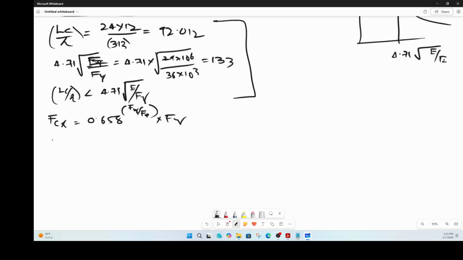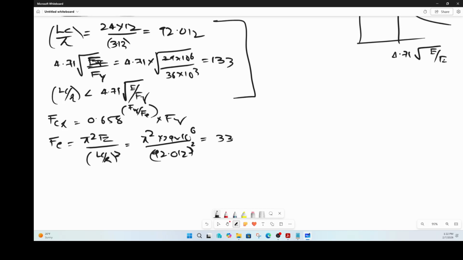We know Fe is nothing but pi square E by Lc by R whole square. So that is pi square into 29 times 10 power 6 divided by the slenderness ratio 92.012 whole square, and that is about 33.8 KSI. So that is my Fe value.